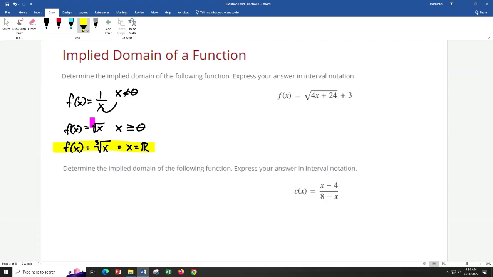So you take out the inside right here, and you go, okay, 4x plus 24 has to be greater than or equal to 0. Solve it. 4x is greater than or equal to negative 24. Divide off the 4, and I get x is greater than or equal to negative 6.